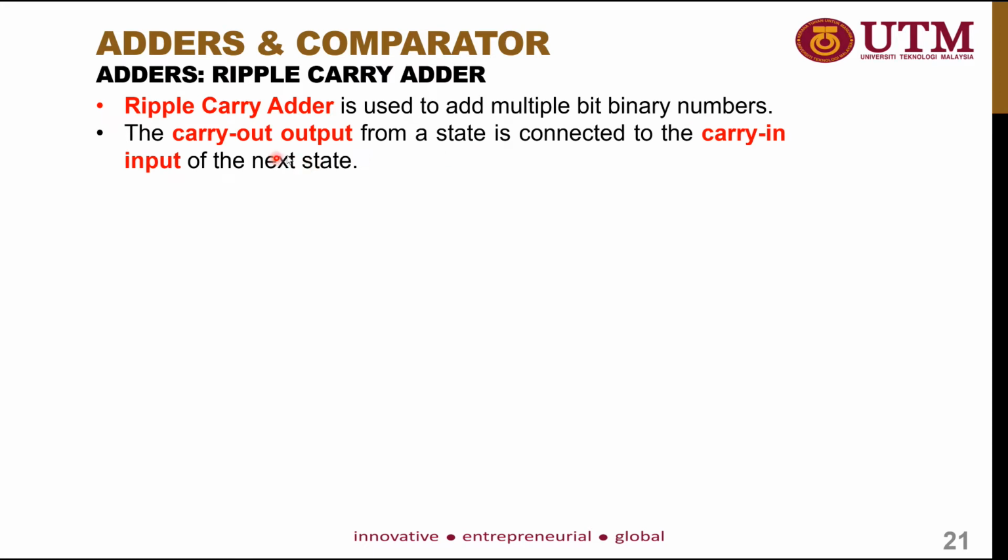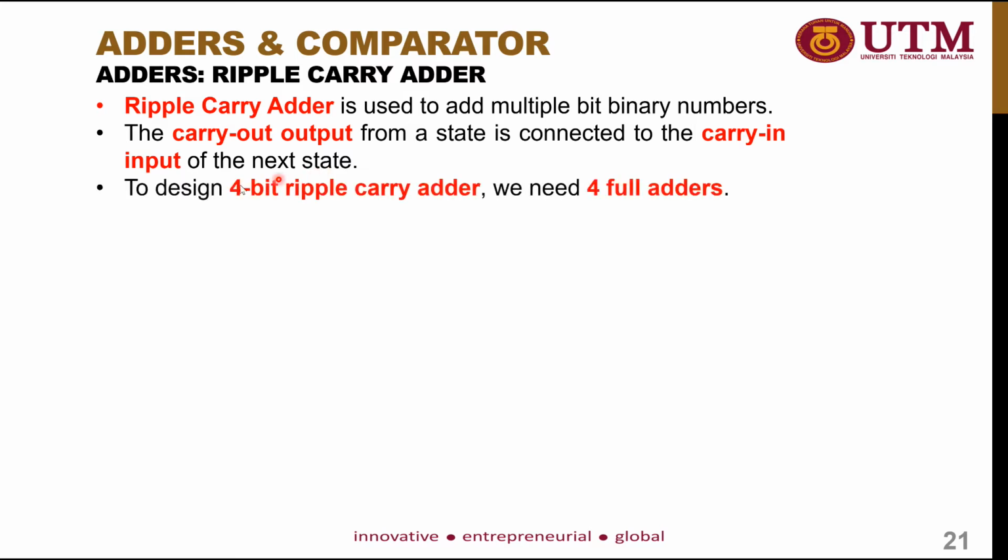The carry out output from a stage is connected to the carry in input of the next stage. In order for us to design the ripple carry adder, we need 4 full adders. For a 4-bit ripple carry adder, we need 4 full adders. For each and every full adder, the carry out output will be connected to the carry in input of the next stage.